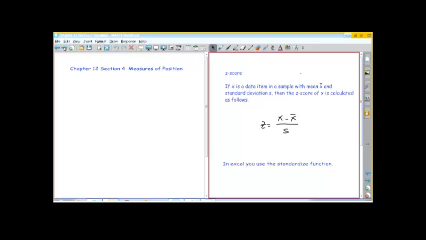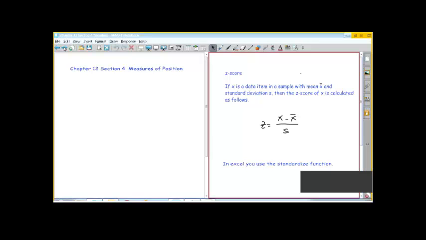So the measure of position is this z-score, and to calculate it, all you have to do is take each data value. If I have my list of 200 data points, there are going to be 200 z-scores, with a z-score associated with each data value. Half of them are going to be negative, and half will be positive.